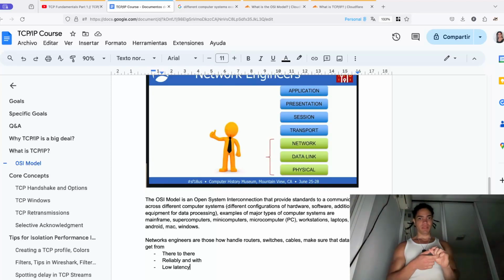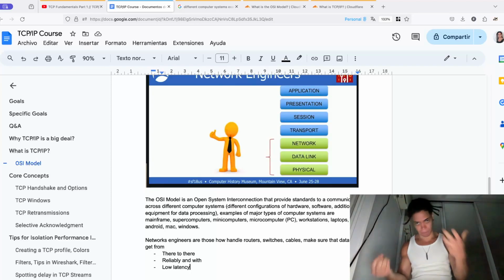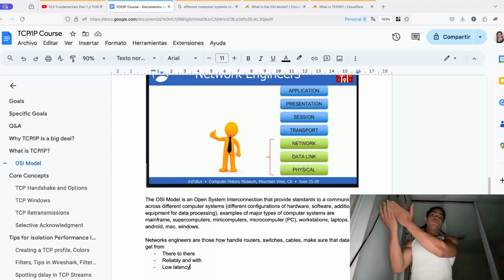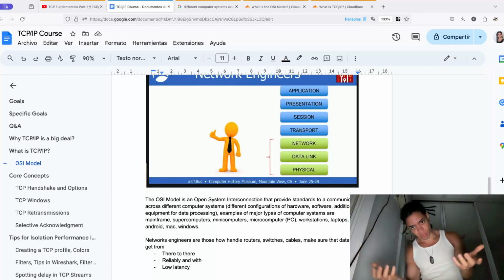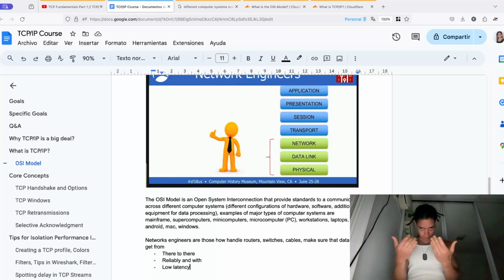They make sure that regardless of the computer system, regardless of the specimen that is capable of computing and processing data, whether it's a mainframe or a supercomputer or a mini computer, perhaps a microcomputer, which is a laptop or a PC, a workstation, or whether it's Windows, Mac, or Linux, whatever the configuration is, they can communicate with each other through a protocol, through a series of steps.